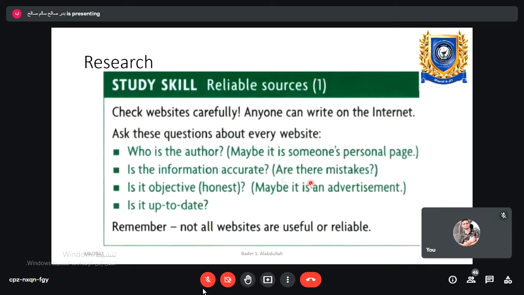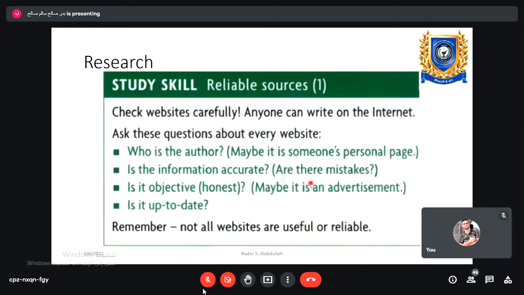Anyway, for the research part, as I said, resources. Most of the time, whenever you have a homework or a report, or you want to find the meaning of a word, or you want to check for something, you go and search the internet.